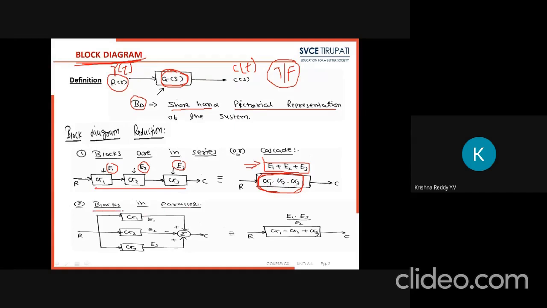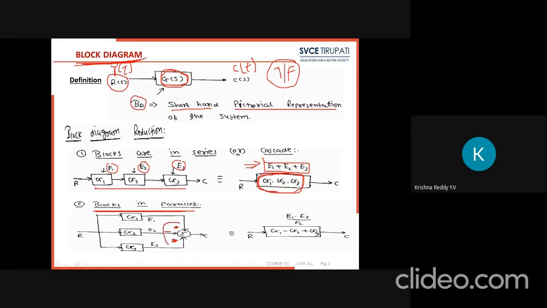Next, if the blocks are connected in parallel, in this case we add the gains of the systems depending upon how they are connected to the output terminal. Here the G1 system is connected with positive sign, G2 is connected with negative sign, G3 is connected with positive sign. Then it is G1 minus G2 plus G3, that is, G1 plus G3 minus G2.